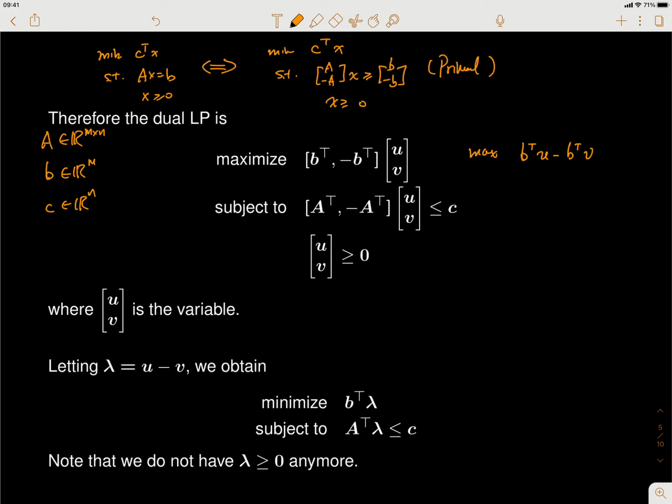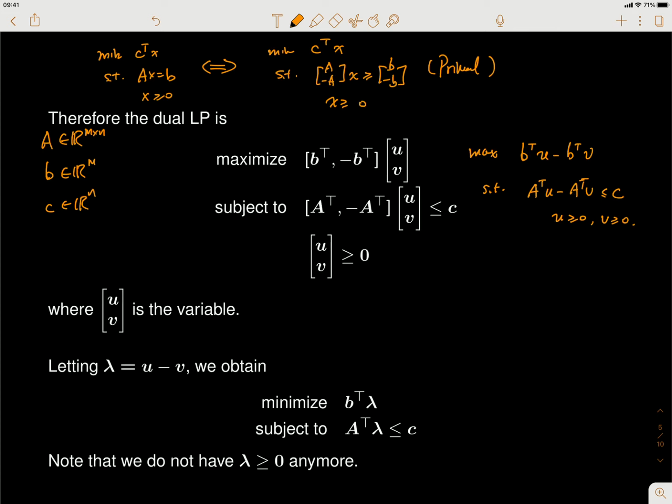The constraint is that A transpose u minus A transpose v is less than or equal to c. And also u is greater than or equal to 0 and v is greater than or equal to 0.